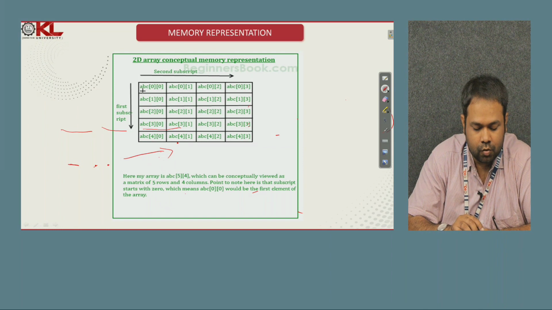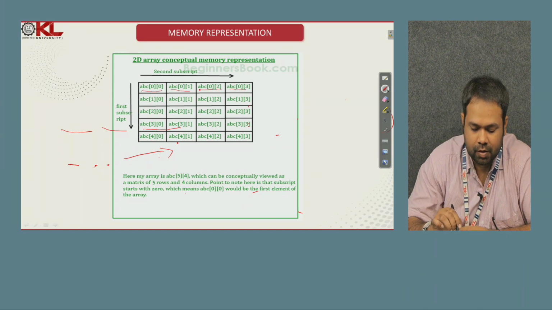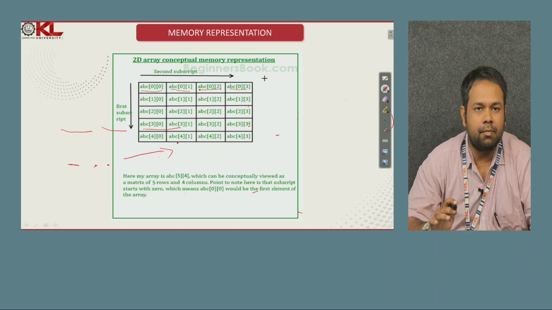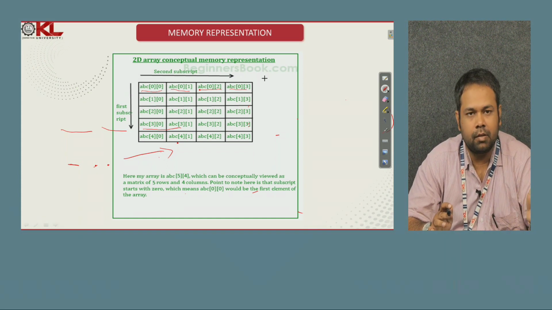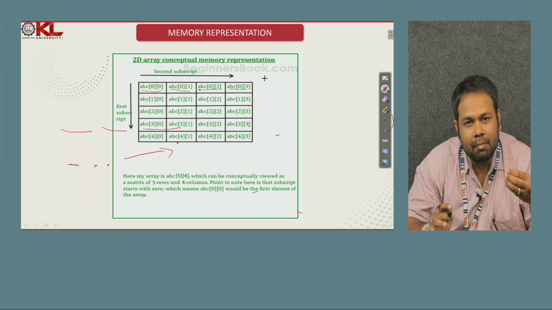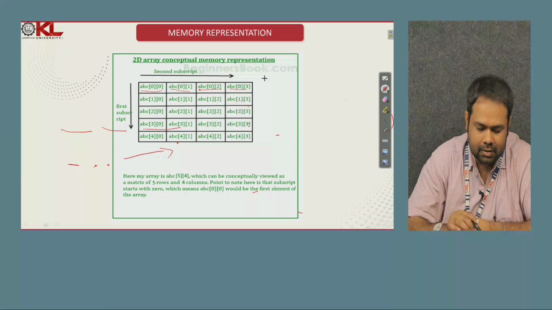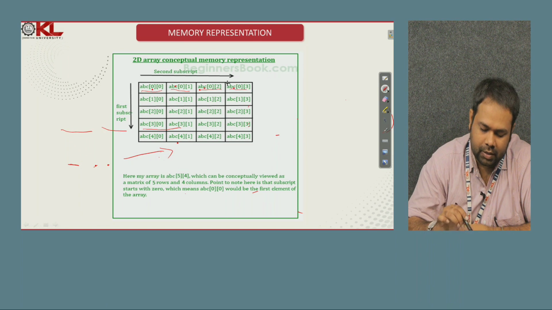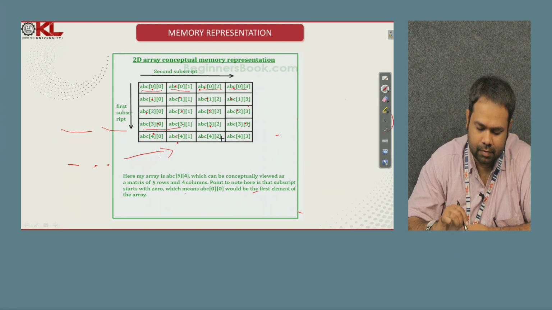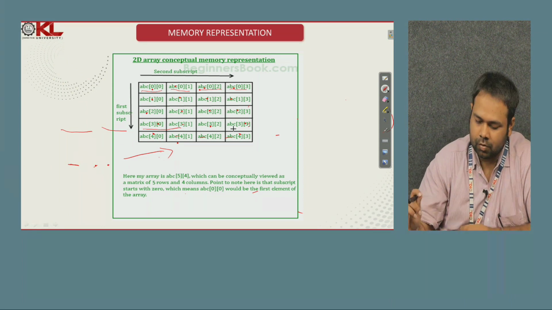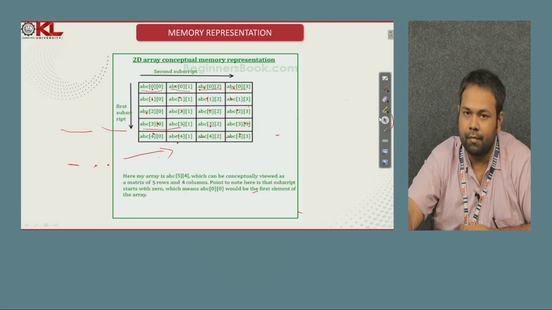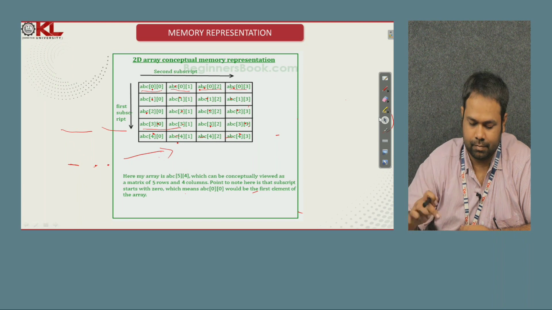So a of 0 0, ABC of 0 1, ABC of 0 2. I have given the example of A in the table, and I am showing the example of an array named ABC. That is the only variation here. These are the memory allocations, the places where you are going to store your elements. Okay, so now let us go ahead with further discussion.